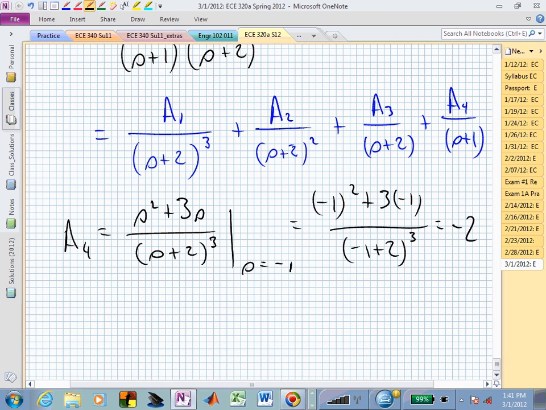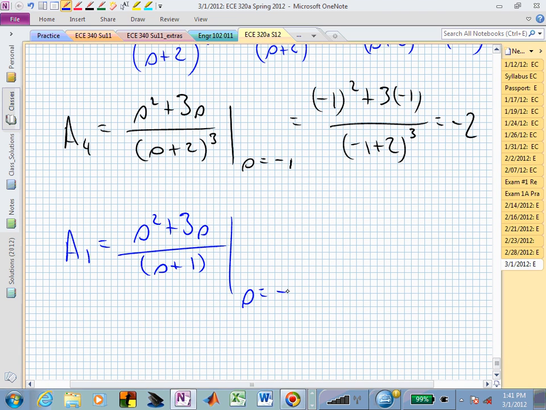A sub 1 is going to be s squared plus 3s all over s plus 1 evaluated at minus 2.